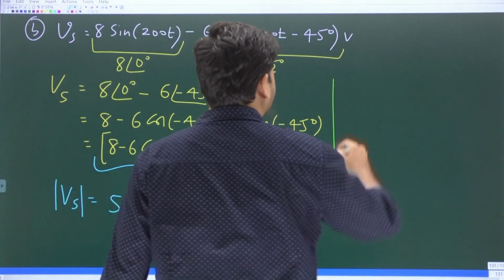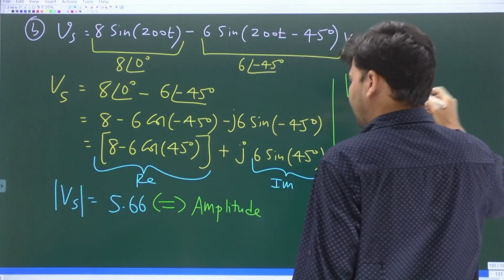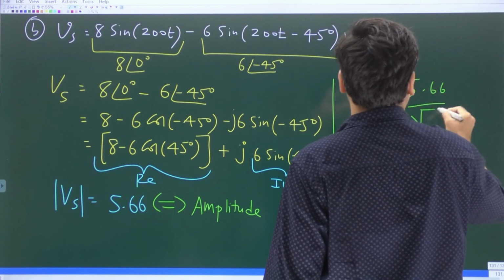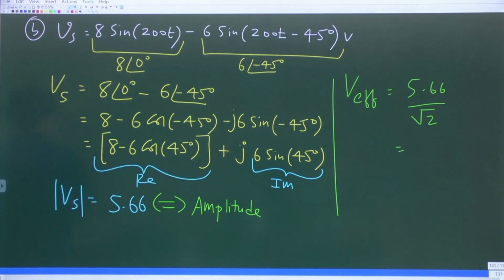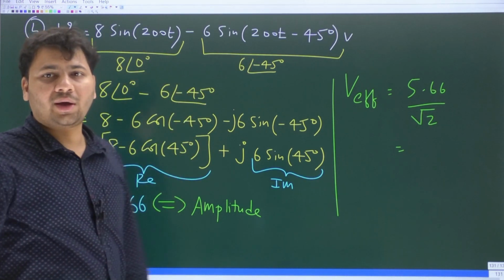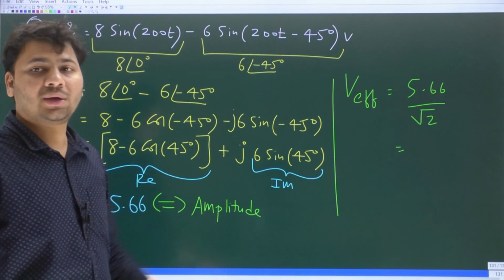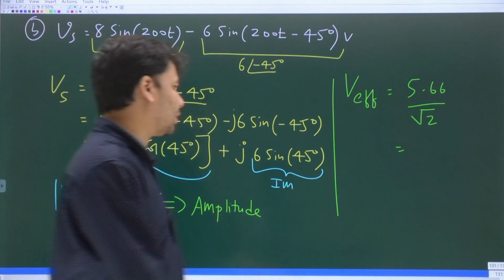So V effective will be equal to 5.66 by root 2. What is 5.66 by root 2? 4. So for the B part, for this entire voltage expression, which consists of two voltage components, the overall RMS or effective value is 4 volts.